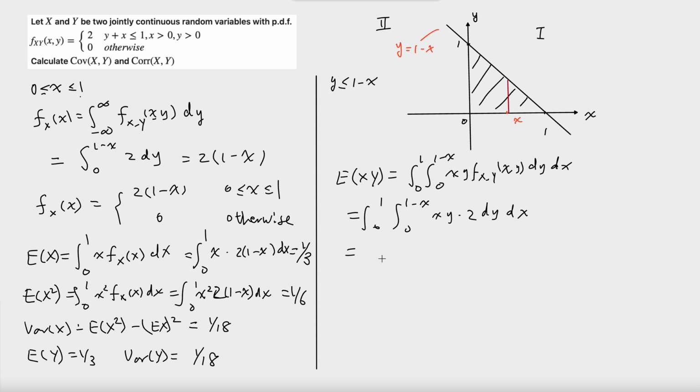Here we just integrate out Y, and this is equal to the integral from 0 to 1 of x times (1 minus x) squared dx, which is equal to 1 over 12.